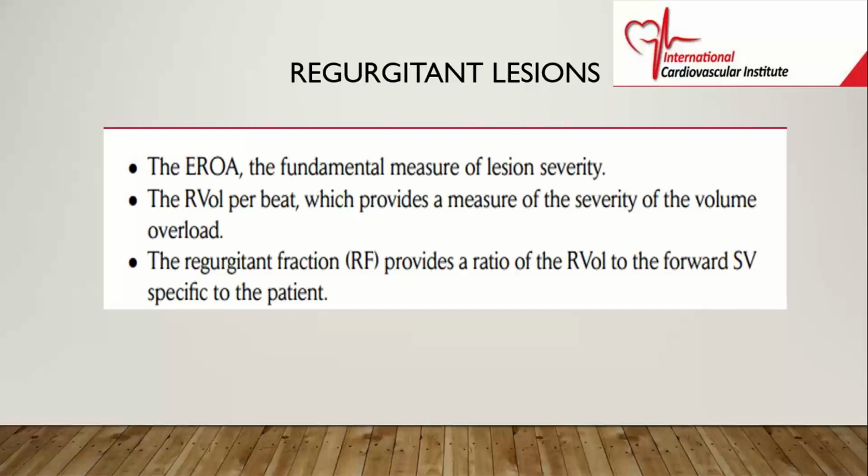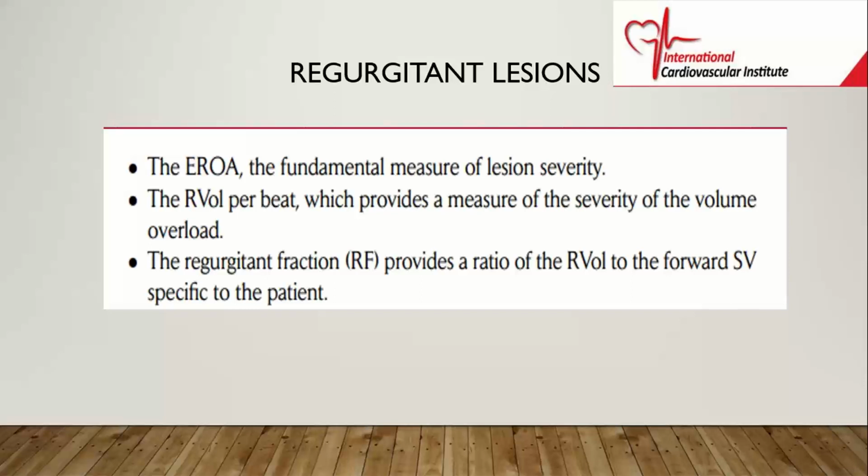Nothing would go back into the atrium. And then in diastole, you'd have a certain amount of blood flowing from the left atrium across the mitral valve into the LV. Okay, you'd have a certain amount of flow. And that would be the same flow in systole that would flow across the aortic valve and into the aorta.